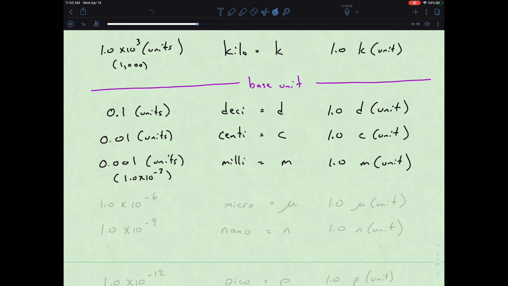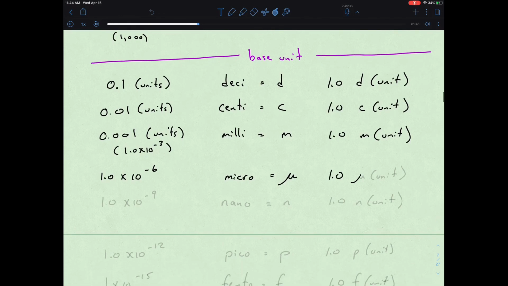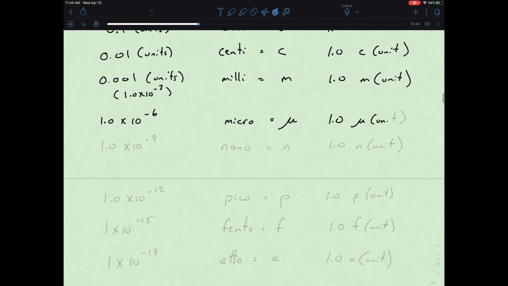And now we start to go down in thirds or powers of 3, just like we were going earlier in terms of above the base unit. So we have this notion of now 1.0 times 10 to the negative 6th. This is micro. Micro kind of has this funky U looking thing, a mu.